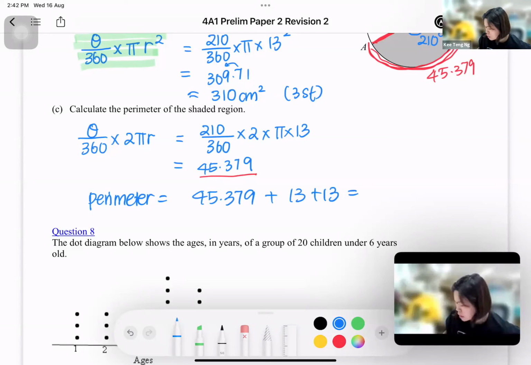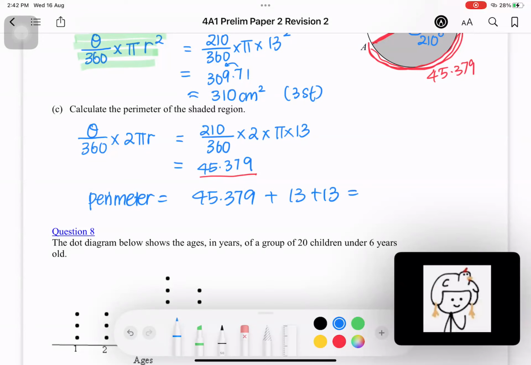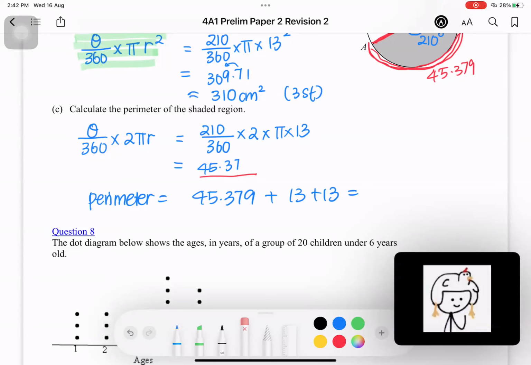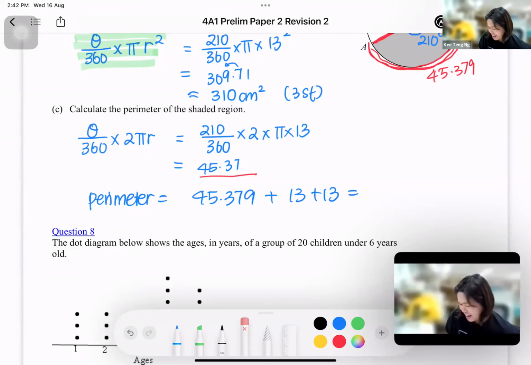So, anyone got the answer already? Sure, I got 47.6. Is it? Come, I show you. No need to show me, I count the answer. Did I count wrongly? 13, right? Oh, 47.6.